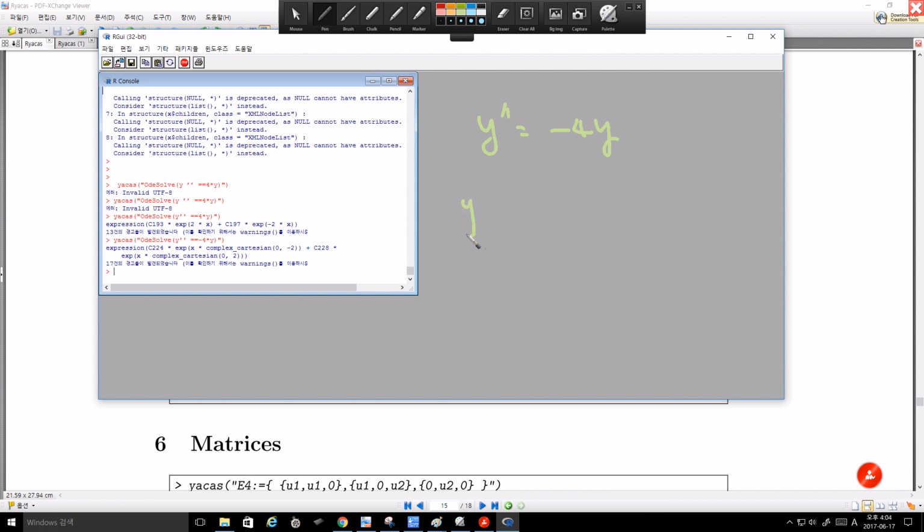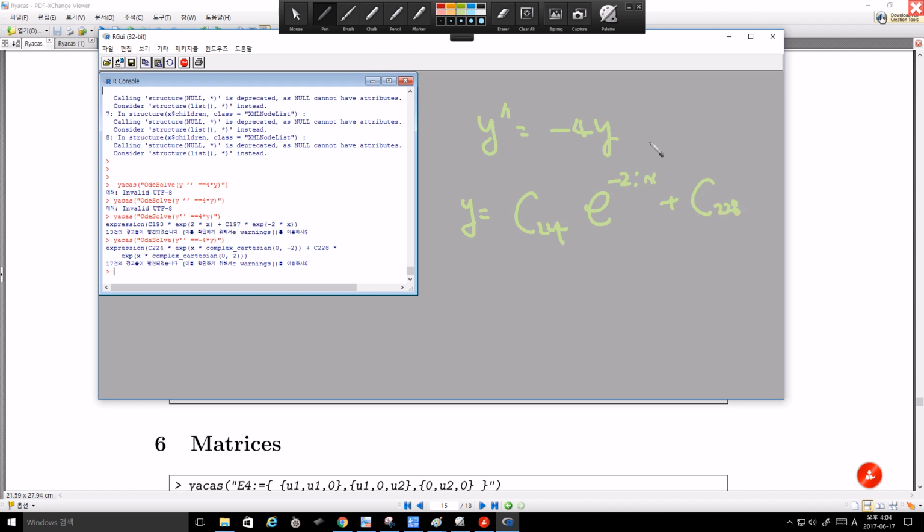So in this case, y is basically, as I explained, some constant c times e to the minus 2i x, and then plus c times e to the 2i x, right?